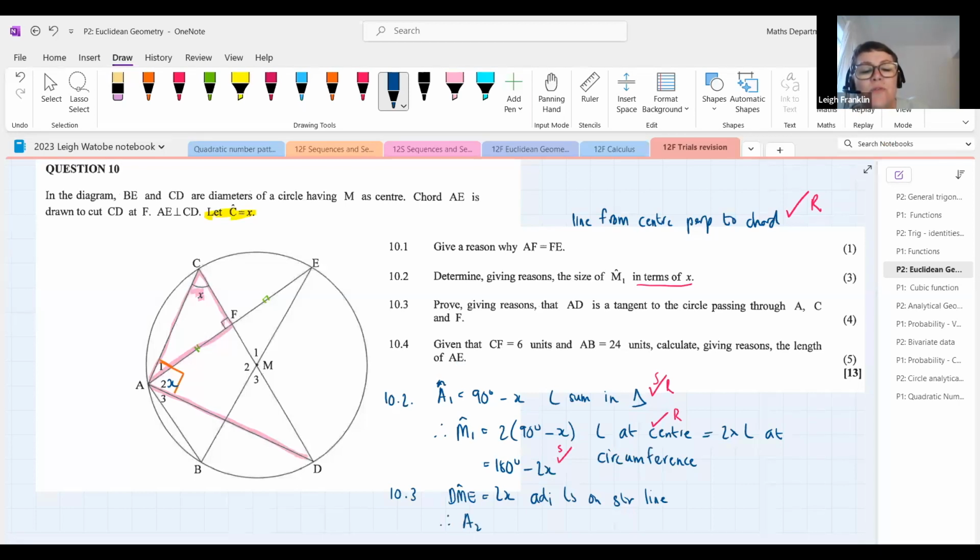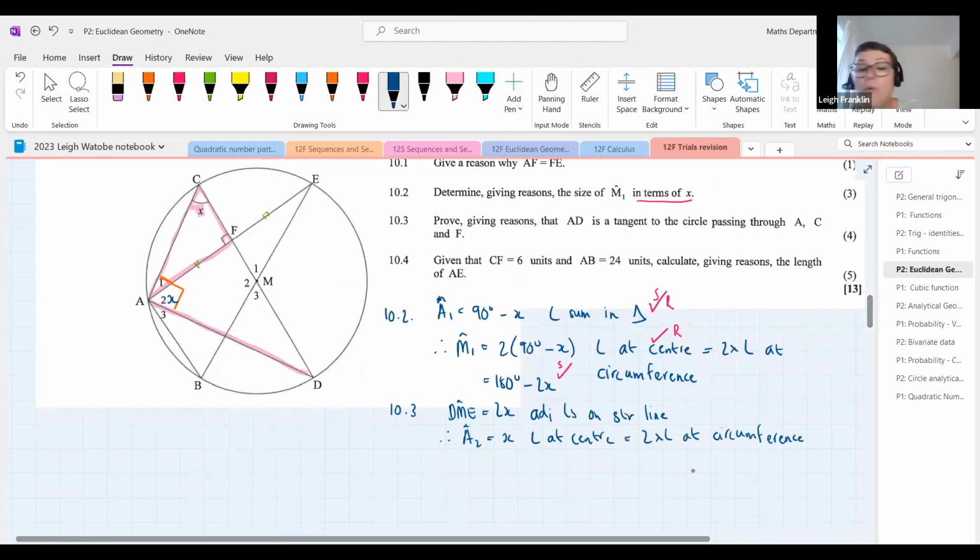Therefore, and I suppose this is also, mind you, I don't know if it is the quickest, therefore, angle A2 will be equal to x because of angle at center equals 2 times angle at circumference.